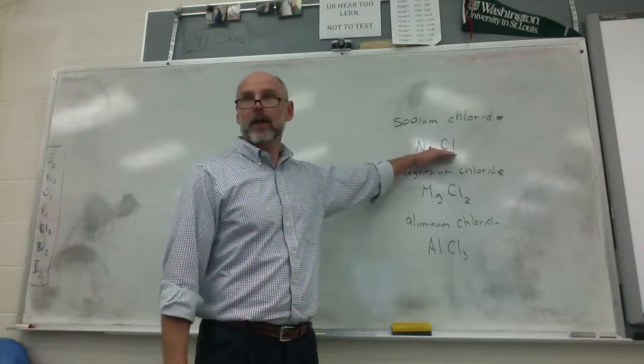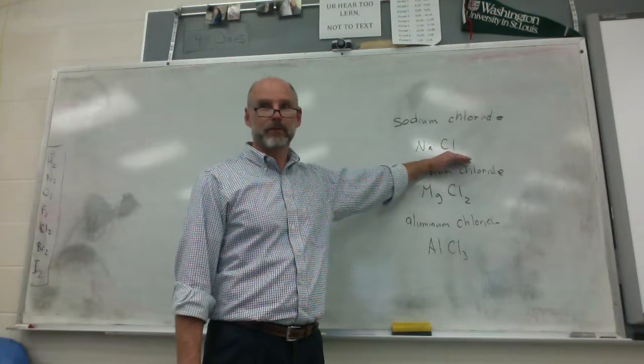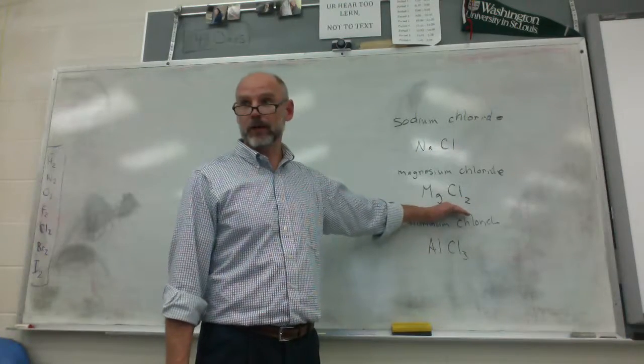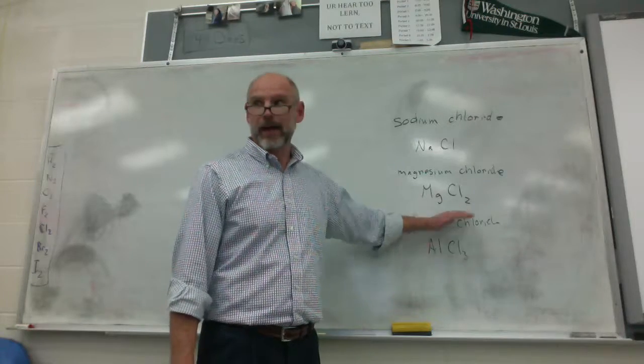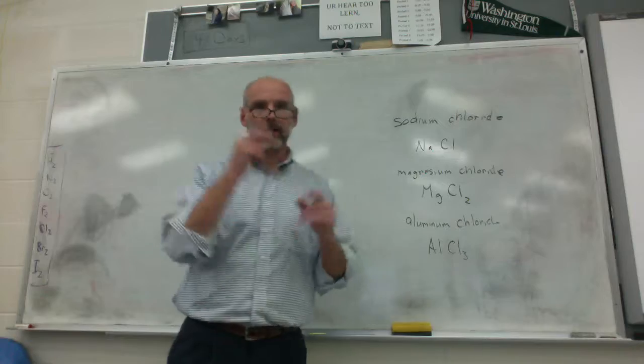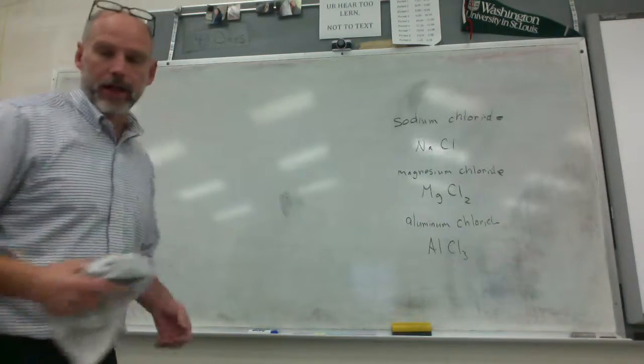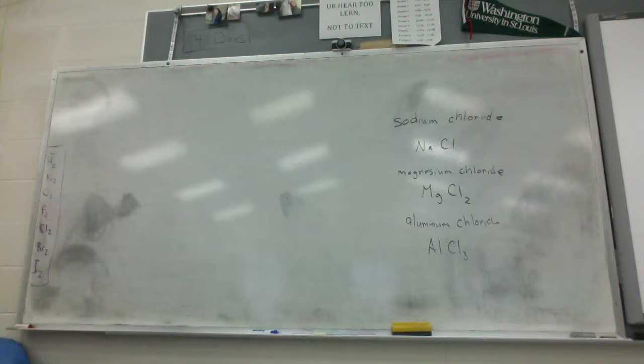So how many different combinations of sodium and chlorine can we make? 1. How about magnesium and chlorine? 1. And how about aluminum and chlorine? 1. There's only one way those things combine, okay? Where I'm going with that is, with the covalent compounds, there's multiple ways a lot of the elements can combine.